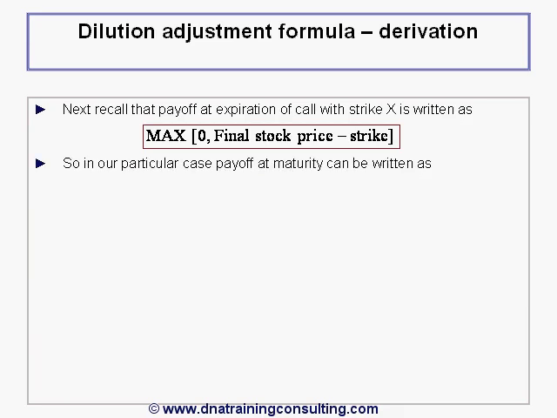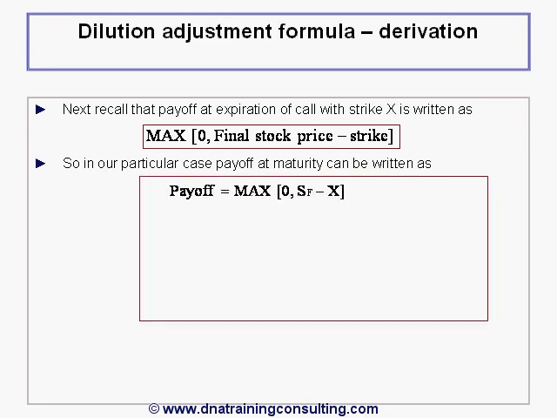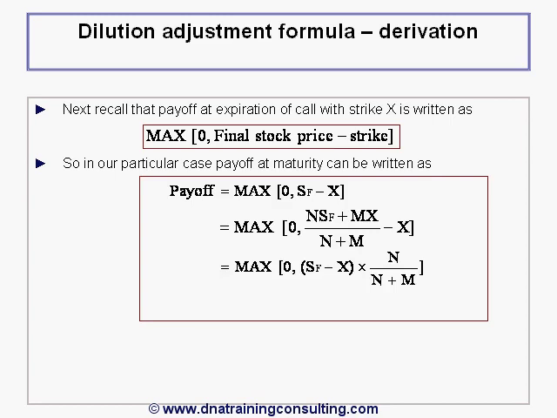And so in our particular case, the payoff at maturity can be written as, here we go, max 0 and the final price, which we just established, minus X. We now give a common denominator of N plus M to both parts of the term in the right of the bracket, and we cancel as much as we can, leading us to this expression here where the n over n plus m, not being dependent on the price of the stock, can be taken outside the bracket, leaving us with n over n plus m times what is exactly the payoff under a normal third-party call.